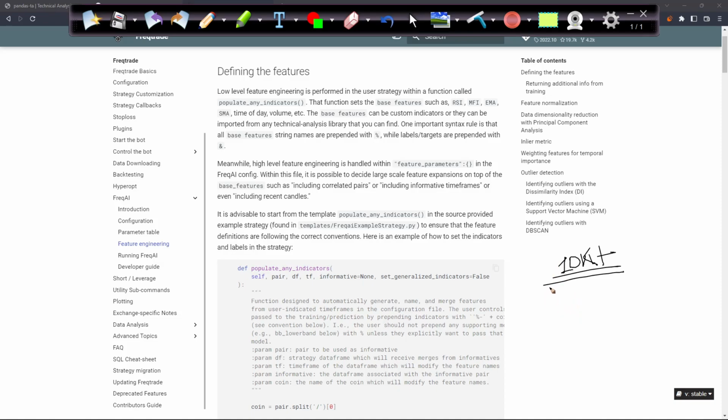Well, the first thing is we gotta understand what data we are giving to our machine learning model. Data, right, which is converted to features via feature engineering.